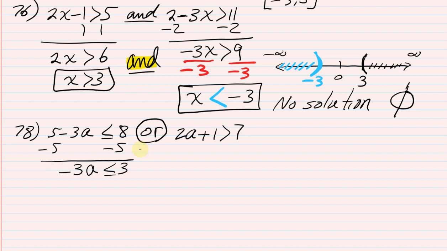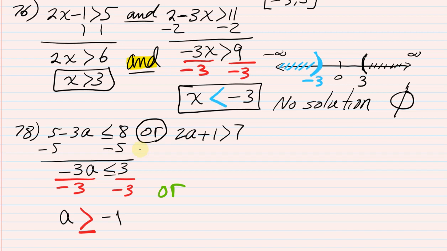And then we're going to divide by negative 3. So that's going to be 3 divided by negative 3 is negative 1. And again, very important, we got to change the direction here, because we divided by a negative. Okay. Or, meaning this is a disjunction.